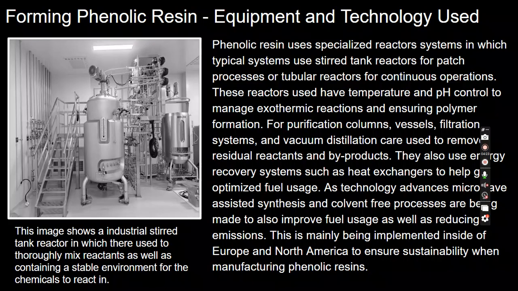For purification, columns, vessels, filtration systems, and vacuum distillation are used to remove residual reactants and byproducts. They also use energy recovery systems such as heat exchangers to help give optimized fuel usage.